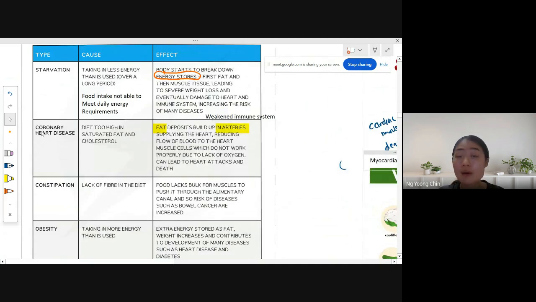So this is what we call coronary heart disease, because usually it is the coronary artery that faces this kind of situation. When fat deposits build up within the artery lumen, they block the blood supply to the heart. So the muscle is unable to work due to lack of oxygen, which causes heart attack and death.